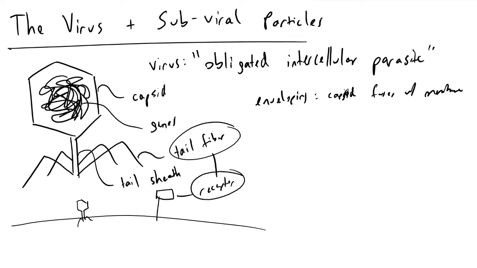And so in that case, all of this stuff would become part of the surrounding phospholipid bilayer, but this isn't always the case. And so sometimes if we have non-enveloping viruses, the genetic material will be injected into the cell through the tail sheath, and the capsid, the empty capsid, and the rest of the components of the virus will just remain on the outside.